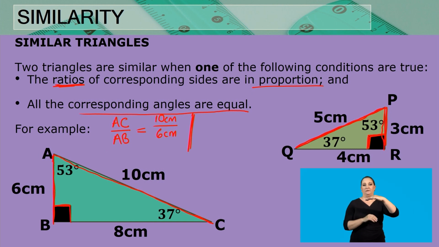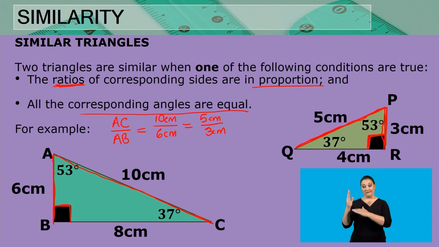Now, that is the ratio of the bigger triangle, and if we simplify that ratio, it is going to give us 5 centimeters divided by 3 centimeters, which is the simplified ratio of the larger triangle.